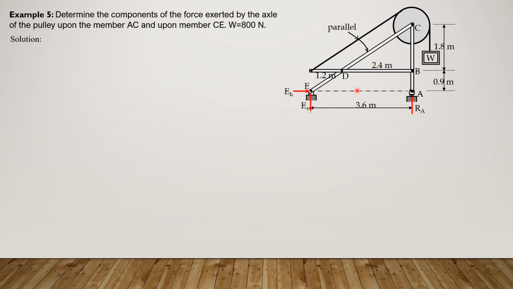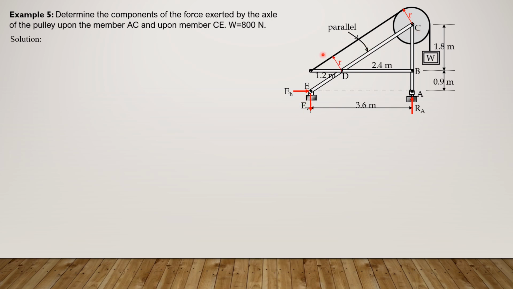So obviously, if we sum up forces horizontal, E sub H is 0. So let's sum up moment about E equals 0. And before that, let's solve for the radius of the pulley. And this is also R because the cord draped around this pulley here is parallel to this member CE.